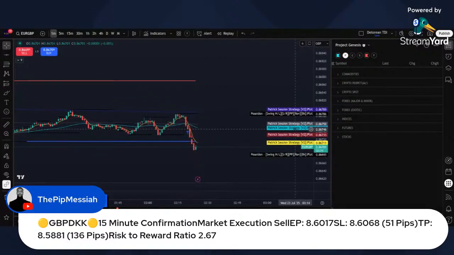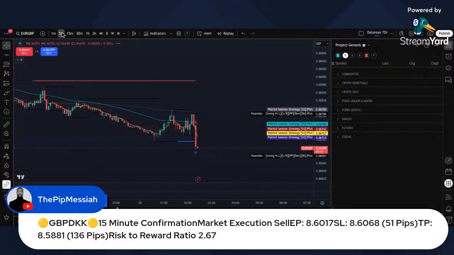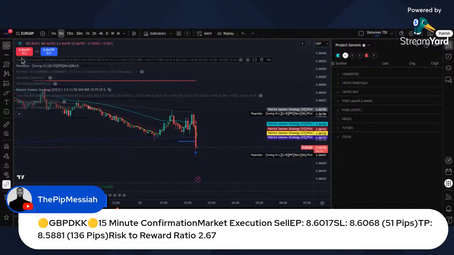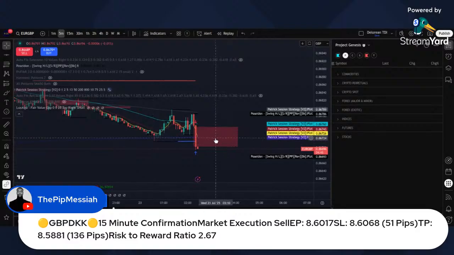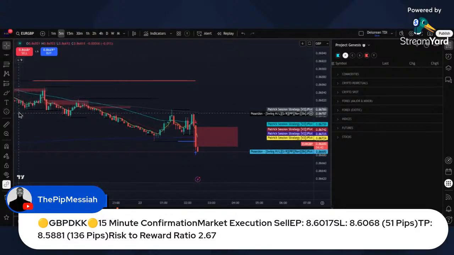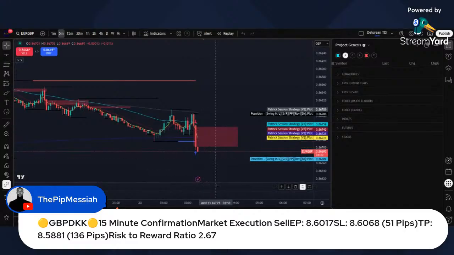It is on a downtrend on the 1 minute. It's a consolidation on the 5 minute, at the bottom of a fair value gap. That's going to take off.